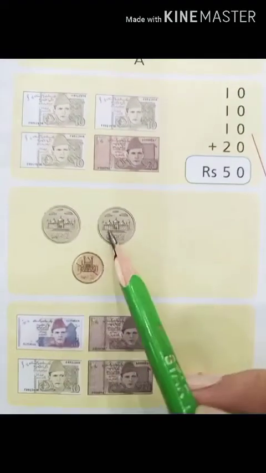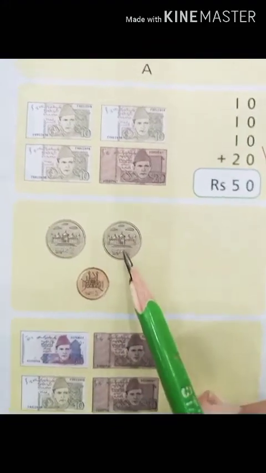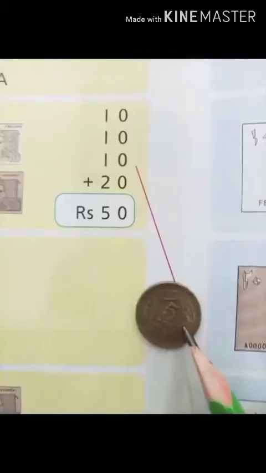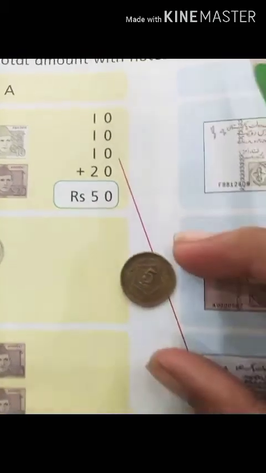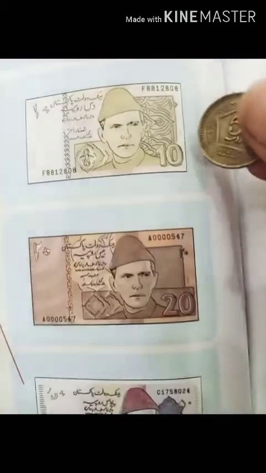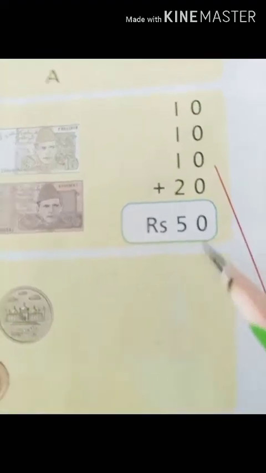Okay, now in the next, here there are 2 rupee coins and a 1 rupee coin. 2, 3, 4 and 5. This is equal to 5 rupees and here is a 5 rupee coin. Let's match this 5 rupee coin with this column. So students, here is the right answer of our question number B. Now I am adding these numbers by writing them here.